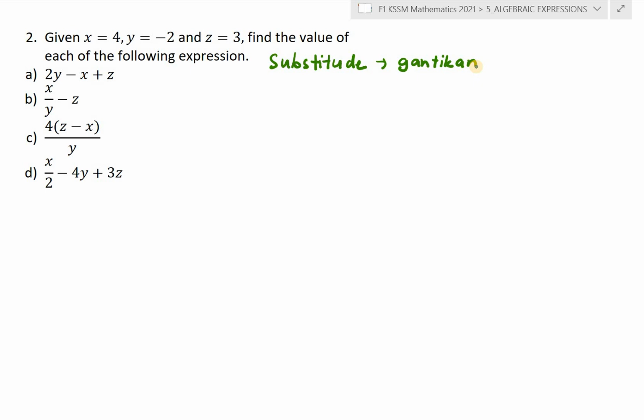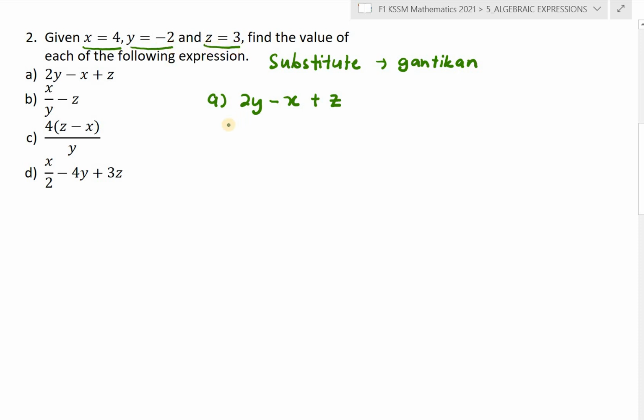Okay, let's look at question A. Alright, so question A, we have 2y minus x plus Z. Okay, so we are going to substitute. Gantikan nilai yang kita ada ni. X is equal to 4, Y is equal to negative 2 and Z is equal to 3.